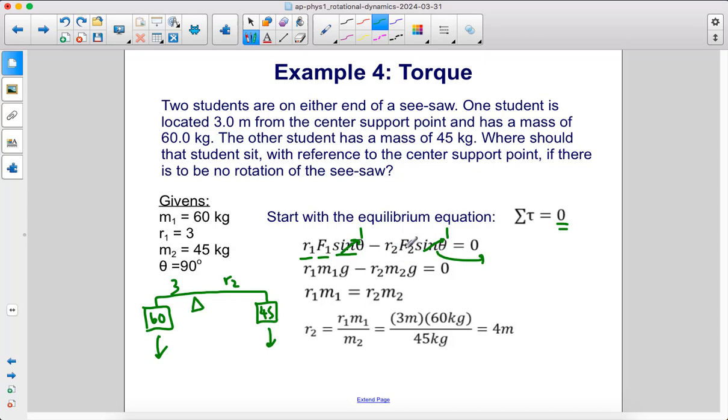And remember the force is due to the weight of the blocks that are hanging, or the masses, or I guess the students actually. The human students, I did draw them as blocks, sorry. The human students are exerting forces due to the fact that gravity is being exerted on them from Earth, so those forces are mg. And so the g's cancel, we solve for r2, and we see, yes, it is 4 meters. The lighter student will have to be further away from the fulcrum in order to be in balance.